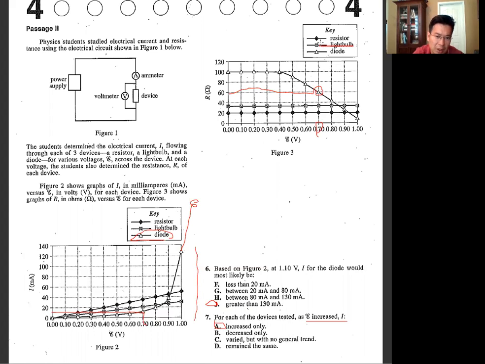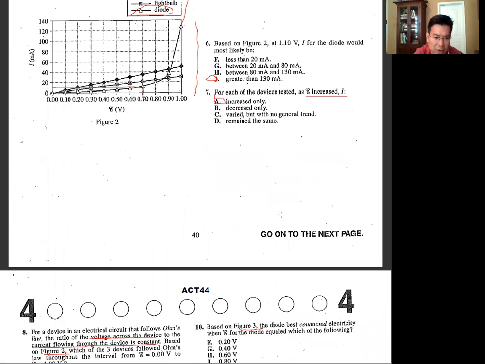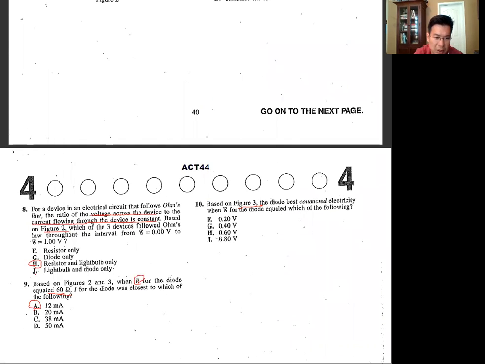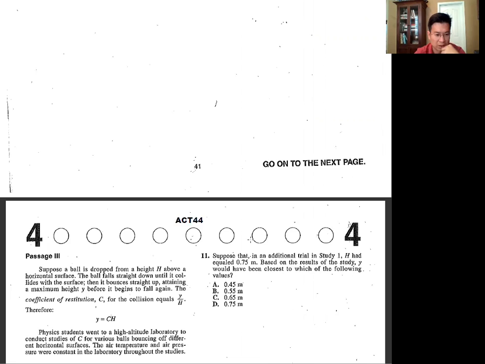We see from the light bulb that the diode and light bulb are kind of meeting right here, so it's in the 85 range. It's close enough, such a. Let's move on.